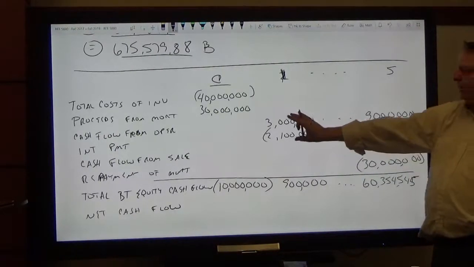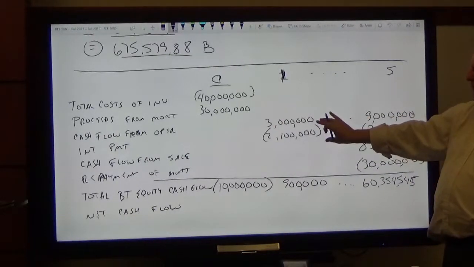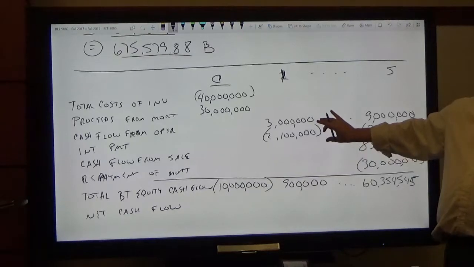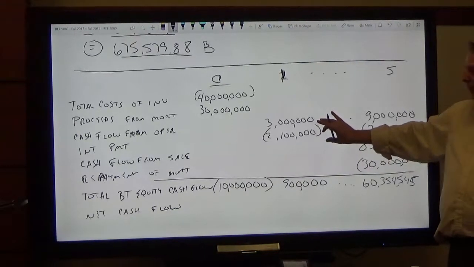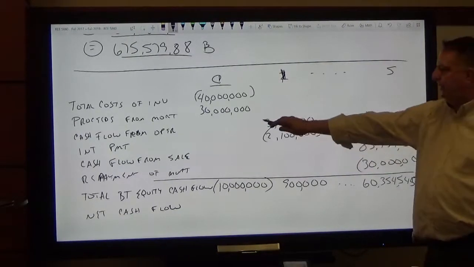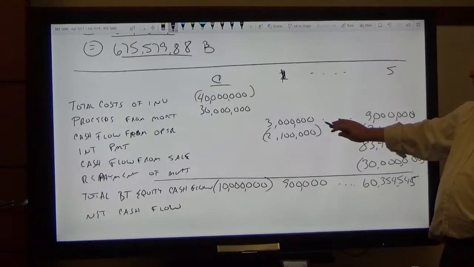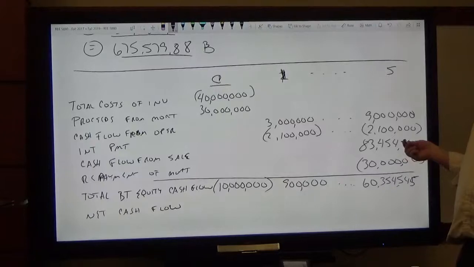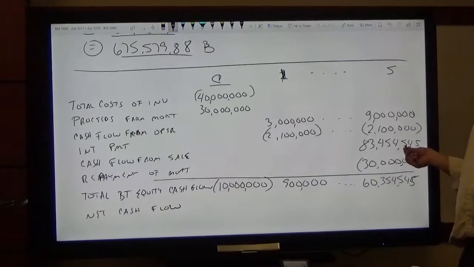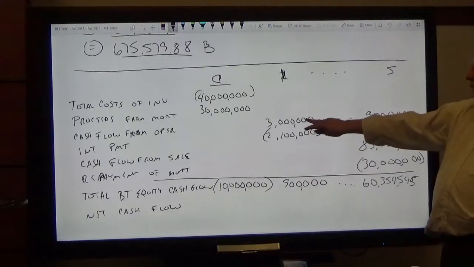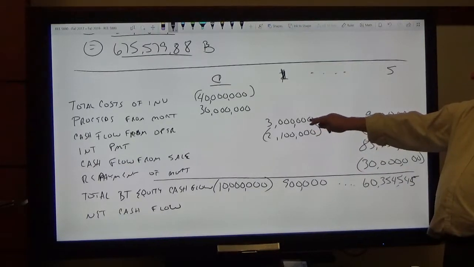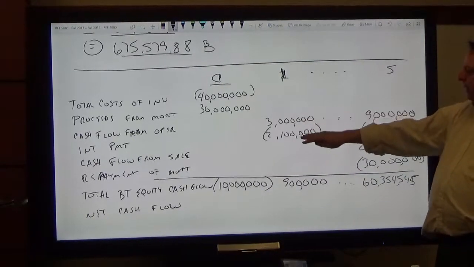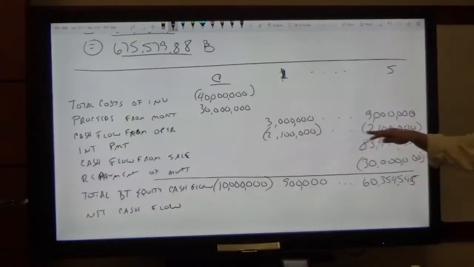Now we're focused on the cash flow from operations, just like what we've been talking about, here's how much operating income we have. And so this cash flow from operations would be, in essence, the equivalent of net operating income, okay? And then from there, what you're doing is you're subtracting the interest payment.